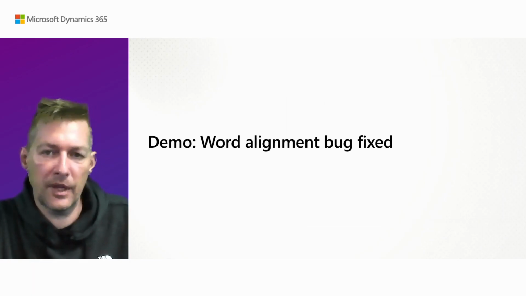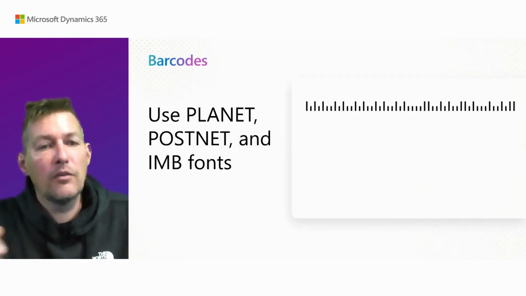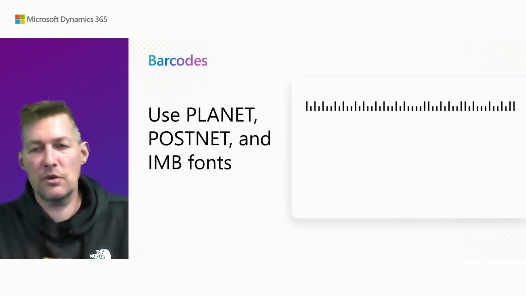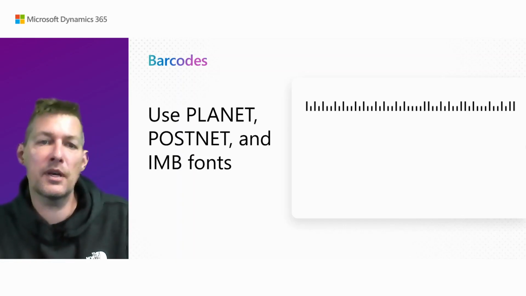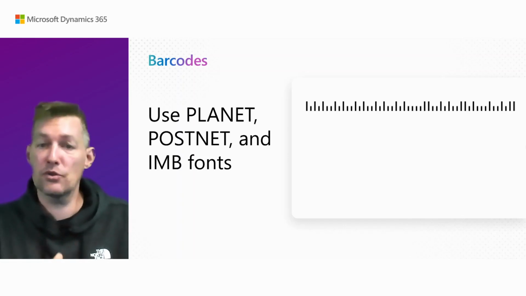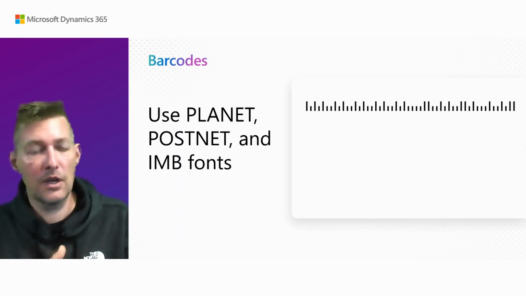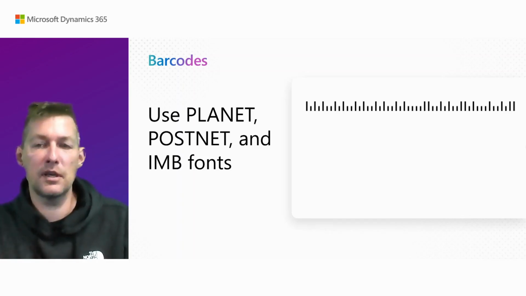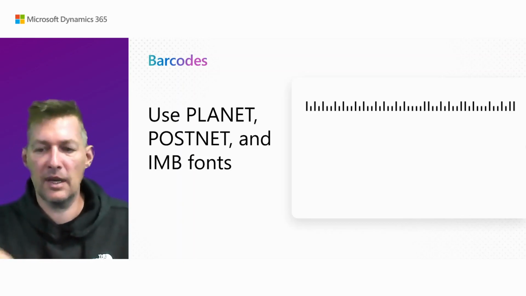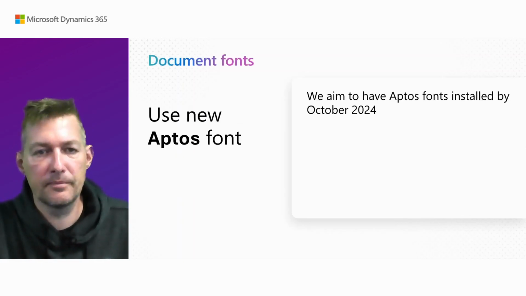So that's it. For postal, if you need barcodes, especially for the US, I guess, we added Planet, Postnet, and IMB fonts to the Business Central service so that you can now use these in document layouts and have these barcodes that can encode an address.